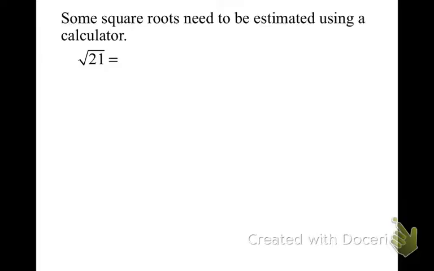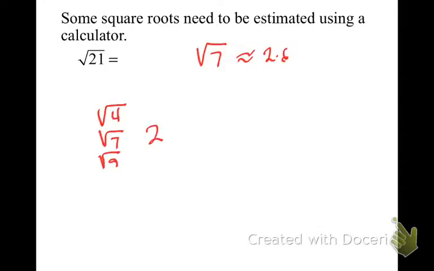Now, let's try. So we guessed the square root of 7 is about, and as soon as you estimate, we use the about sign, 2.6. In Miss Sophia's method, she did 4, 7, 9. She says it's 2, and we put the difference is 3, and the difference is 5.